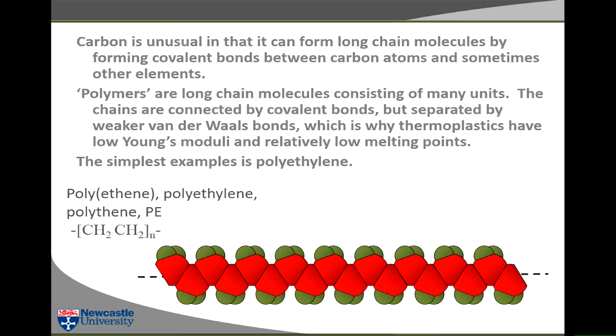And that's why thermoplastics, the weak bonds which join the chains laterally, they're what gives the material its mechanical properties. So that's why thermoplastics have a low Young's modulus, generally fairly low strength, and a low melting point.